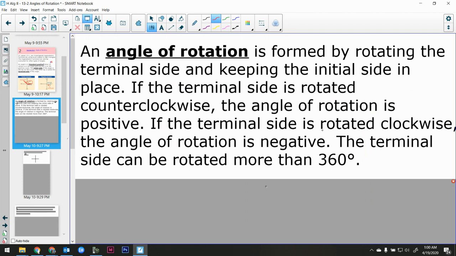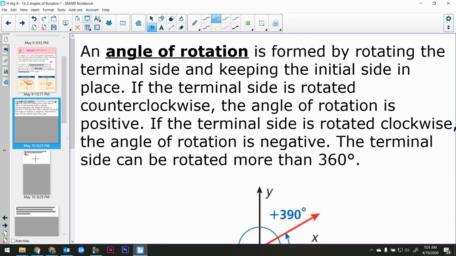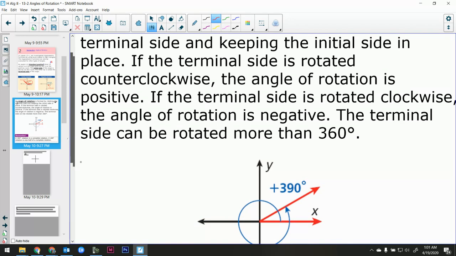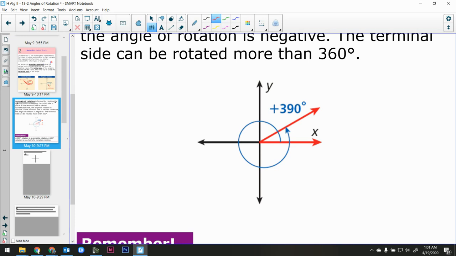An angle of rotation is formed by rotating the terminal side and keeping the initial side in place. If the terminal side is rotated counterclockwise, the angle is positive. If the terminal side is rotated clockwise, the angle of rotation is negative. The terminal side can be rotated more than 360 degrees. I can actually rotate an infinite amount of degrees.